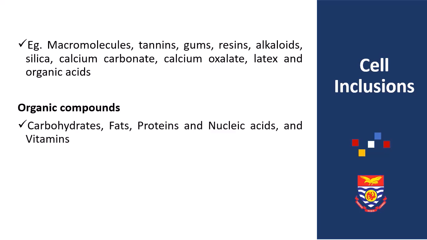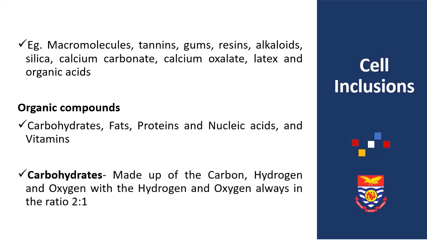So the examples of organic compounds, as stated earlier, are carbohydrates, fats, proteins, nucleic acids, and vitamins. So beginning with carbohydrates, they are made up of carbon, hydrogen, and oxygen elements. And the hydrogen and oxygen are in the ratio of 2:1.